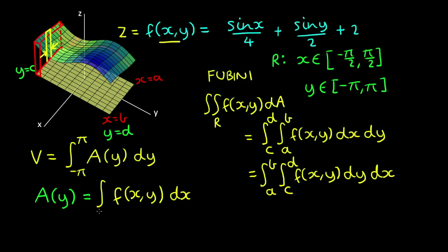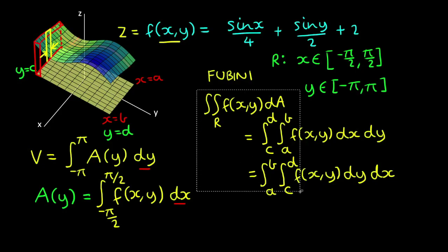So in this case, we have x equals minus pi on 2 to pi on 2. So in this case, we're first integrating with respect to x while holding y fixed to evaluate the area of the cross-section that's perpendicular to the y-axis. And then this resulting area is then integrated with respect to y to obtain a volume of the entire solid.